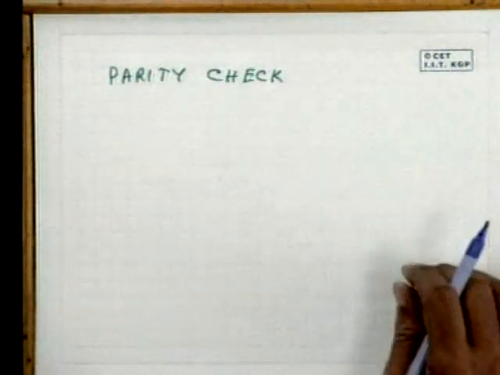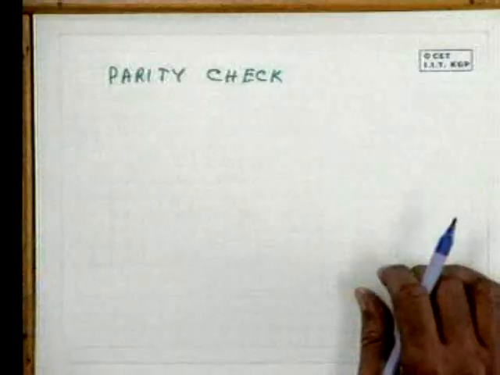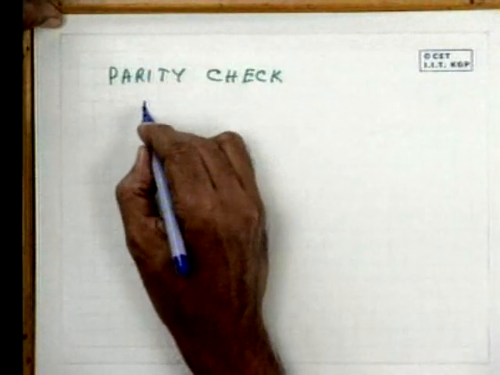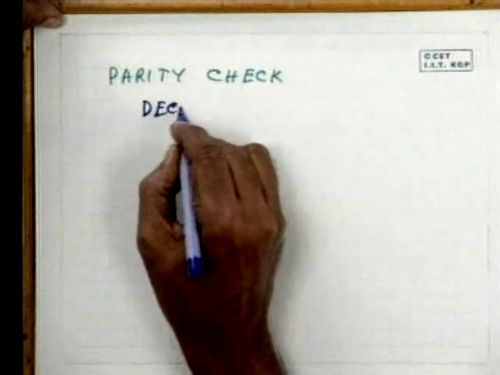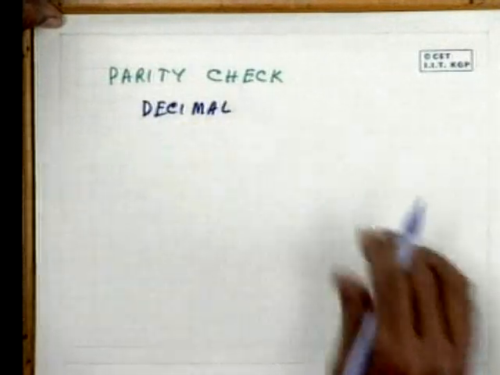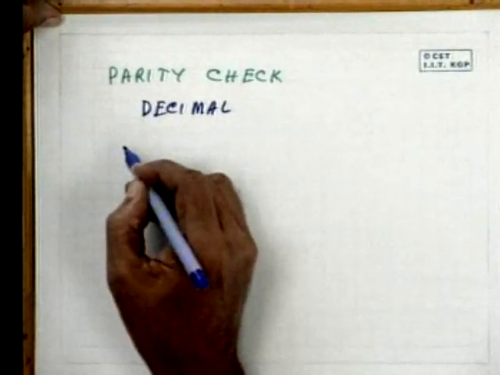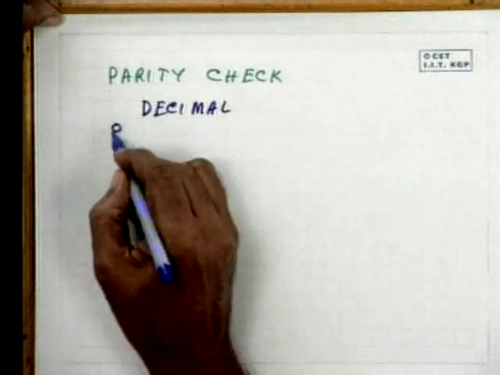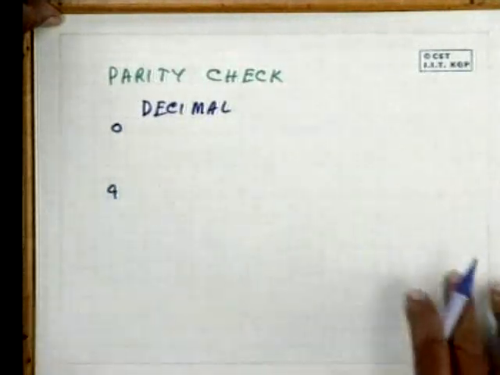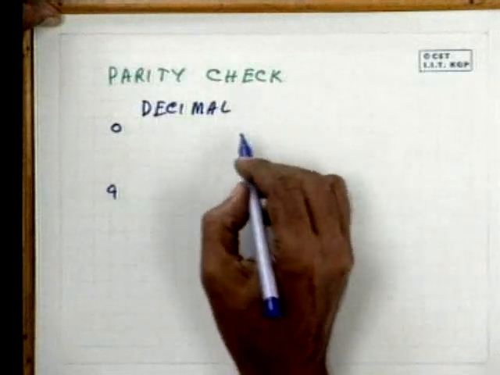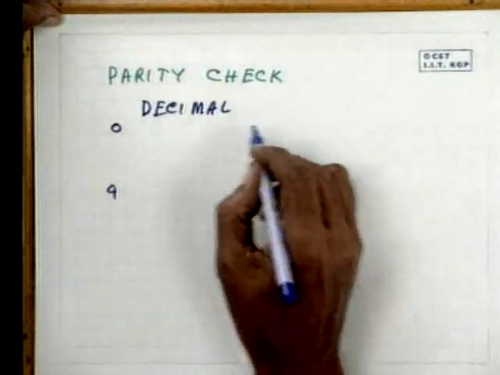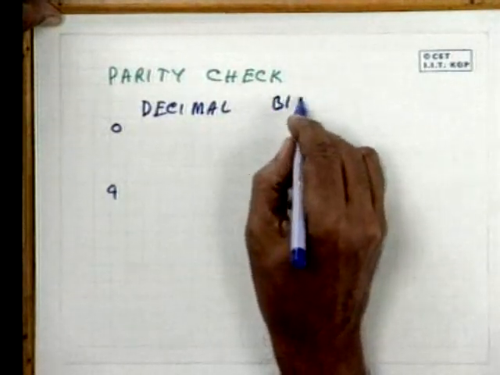the word is coded. Suppose we are sending decimal data. Decimal means you have got values from say 0 to 9, let's assume. And it can be coded as in binary.